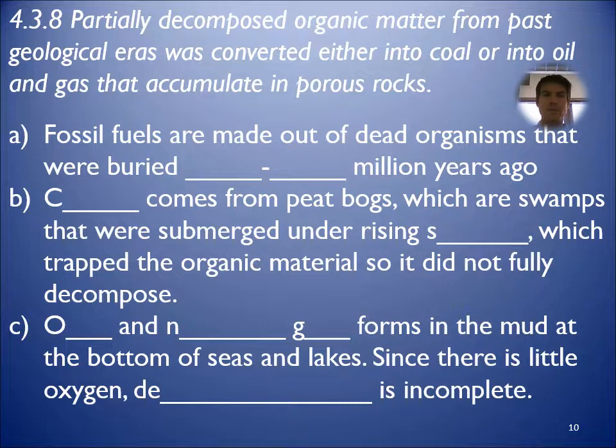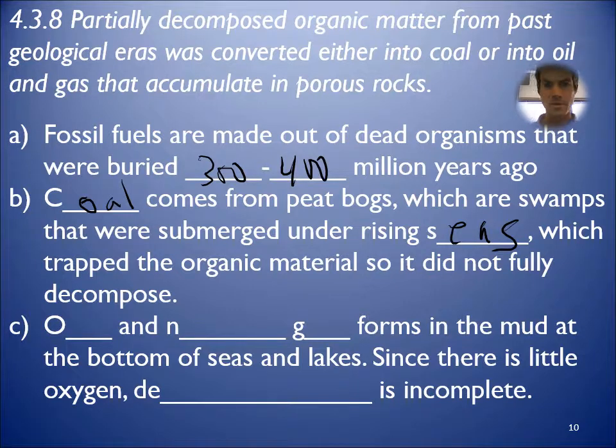And fossil fuels we'll get to, they're from about 300 to 400 million years ago. Coal comes from these peat bogs, which is really, really old peat that's been buried under rising seas worldwide. And then that contributed to that reduction in decomposition.